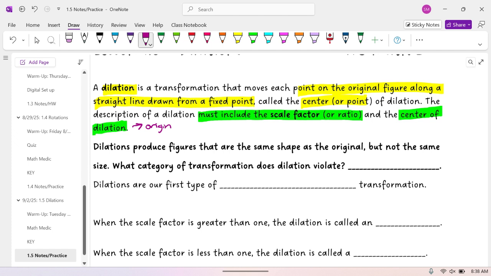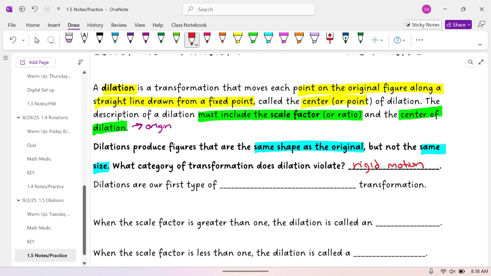Now, dilations produce figures that are the same shape as the original, but not the same size. So we already talked about this, but what category of transformation does dilation violate? It's not what? Well, it's not congruent, but I'm thinking it's not rigid. Good. So technically, you were correct as well. It is not congruent, but technically, it's not rigid motion.